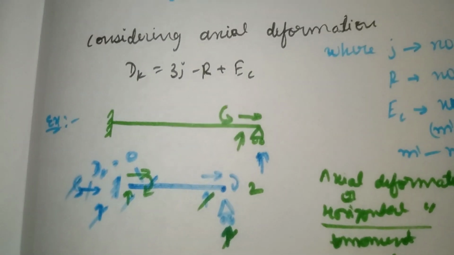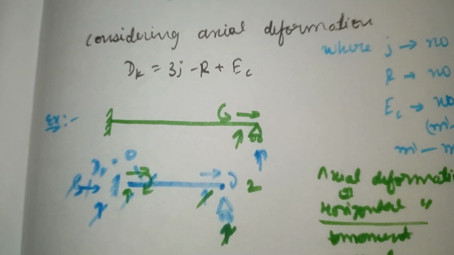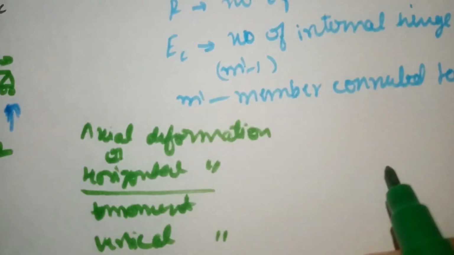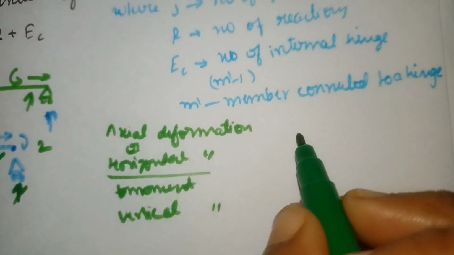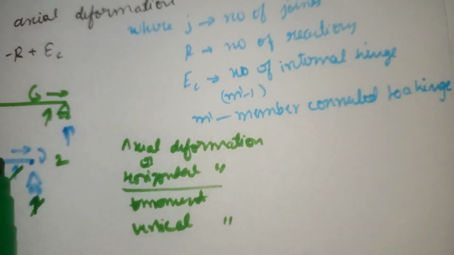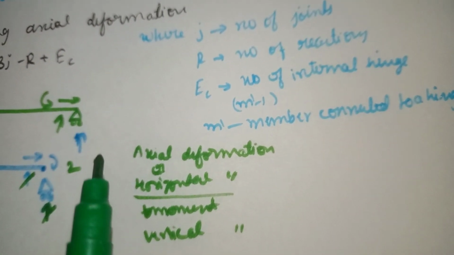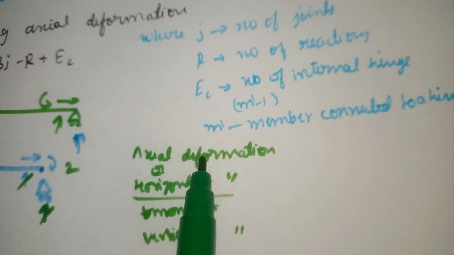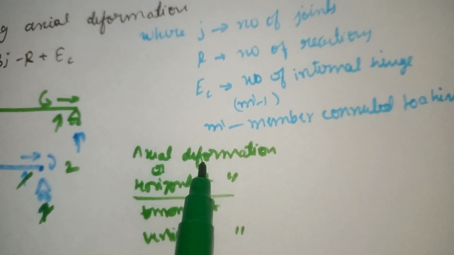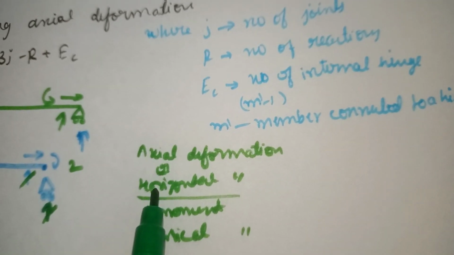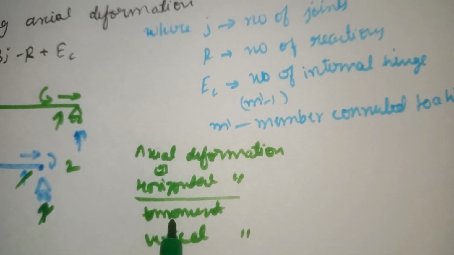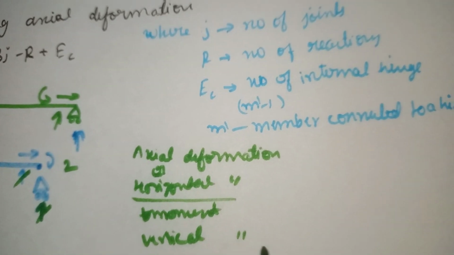This is how we calculate the degree of freedom considering axial deformation. Remember, at any joint in a beam the possible deformations are 3. One is axial deformation; don't get confused, axial deformation is also called horizontal deformation, both are the same. One is moment and one is vertical deformation.